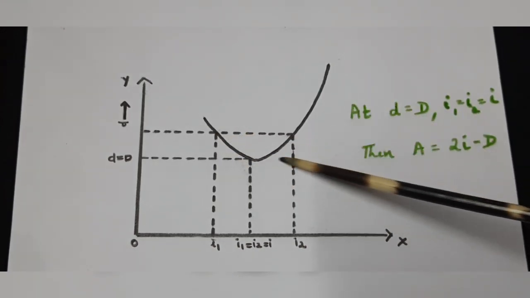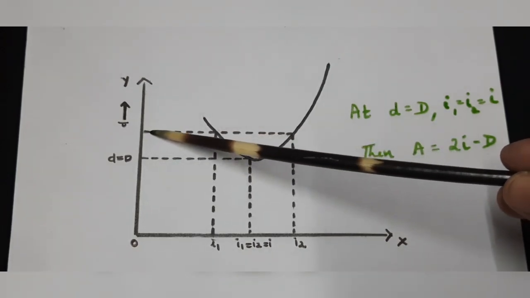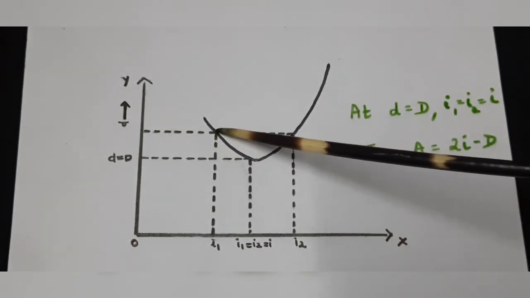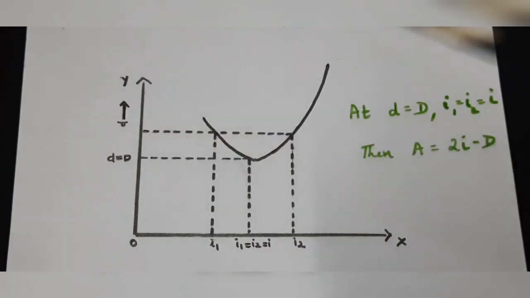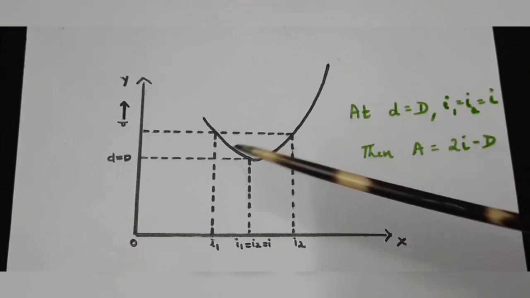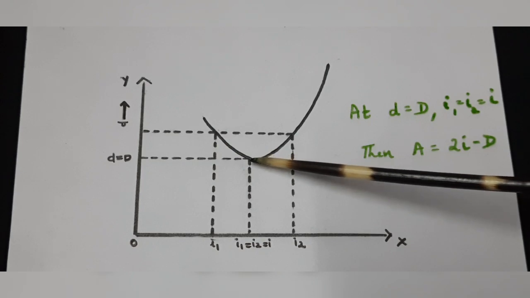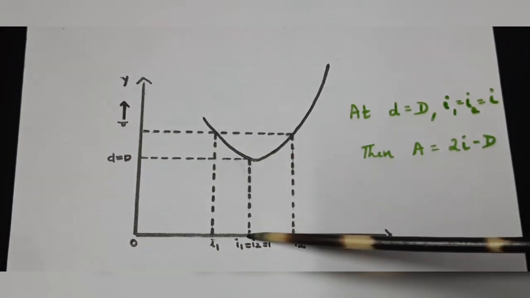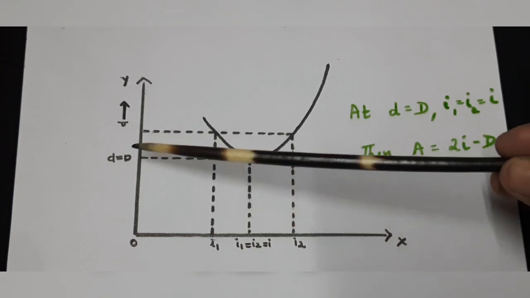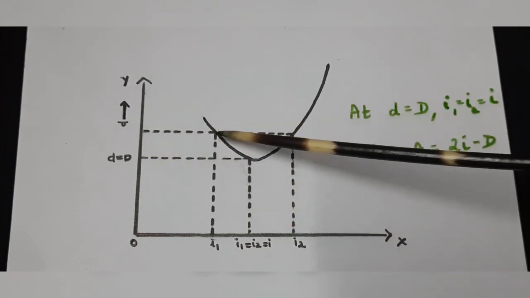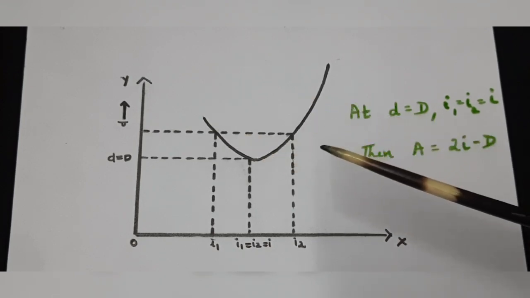You can see that for any given deviation D, there are two angles of incidence corresponding to this D. But as we go down, for this particular deviation, there is only one angle of incidence, while for any other angle of deviation, there will be two angles of incidence on this graph.